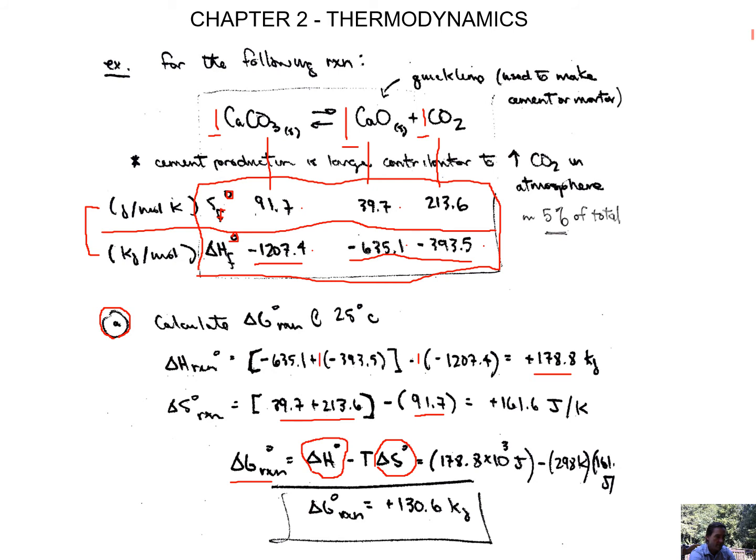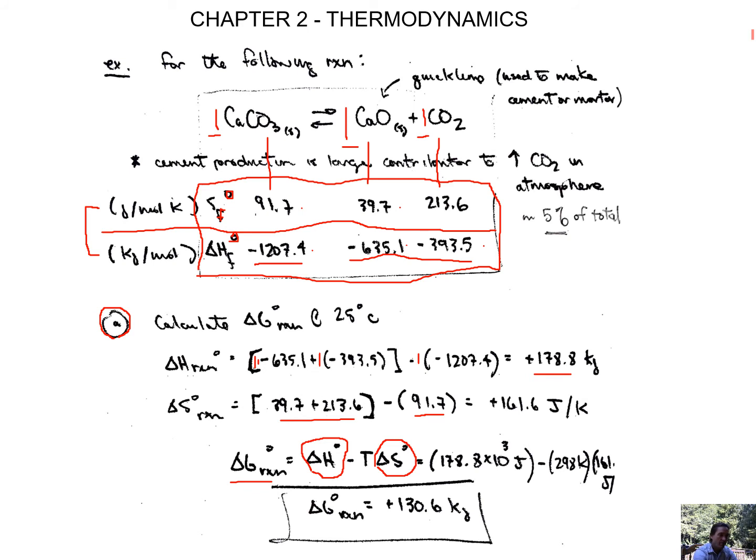Every one of these is times by the coefficient. And so if there was a 2 in front of, say, the calcium carbonate, we would have a 2 right there. So mind the coefficients when you do these calculations. They also allow for the cancellation of the mole unit.